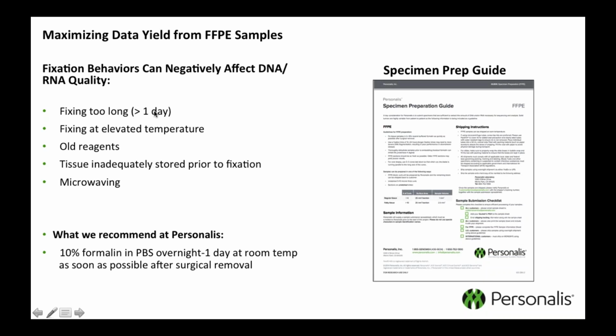Fixing samples for over 24 hours has been found to be detrimental. And fixing should also occur at room temperature, as higher temperatures are also not recommended. Laboratories can help and provide specimen preparation guidance for working with FFPE. For example, at Personalis, we have a guideline document for best practices, and you can see this here on the slide. What we recommend is using a freshly prepared 10% formalin and PBS solution and fixing overnight.